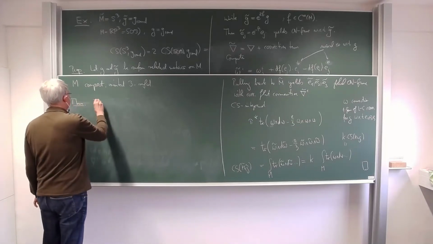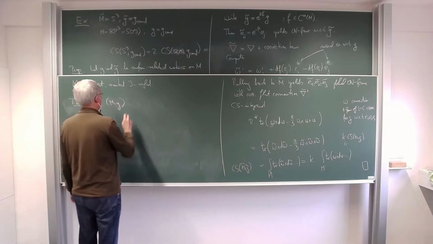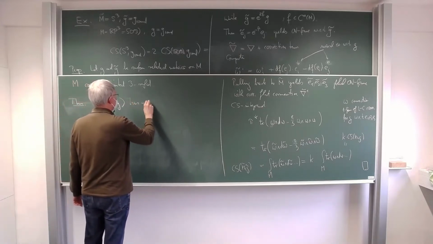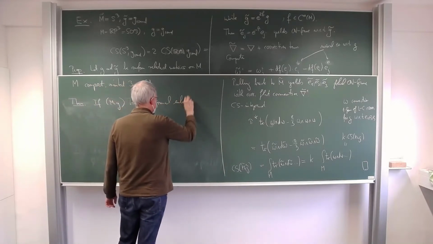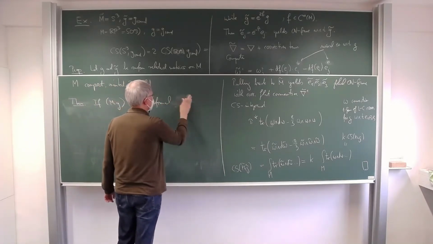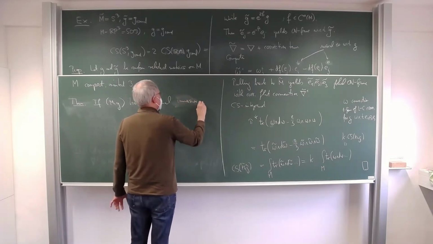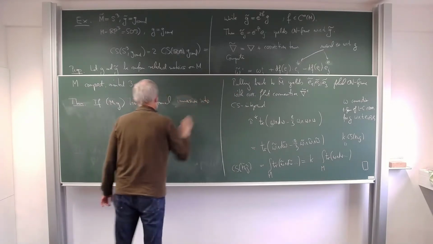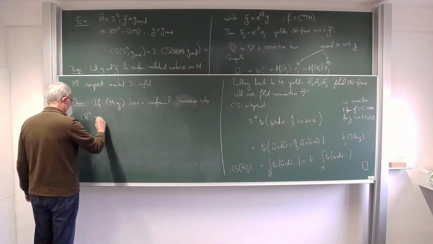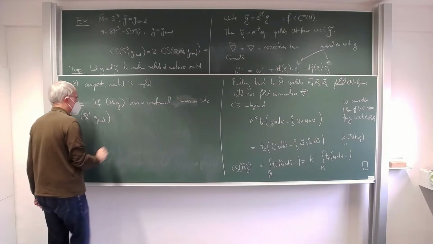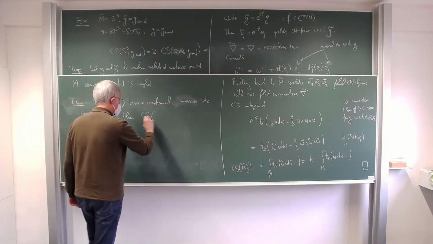If M with metric G has a conformal embedding, or actually, not necessarily an embedding, an immersion, into R4 with the Euclidean metric, then the Chern-Simons invariant must be trivial.